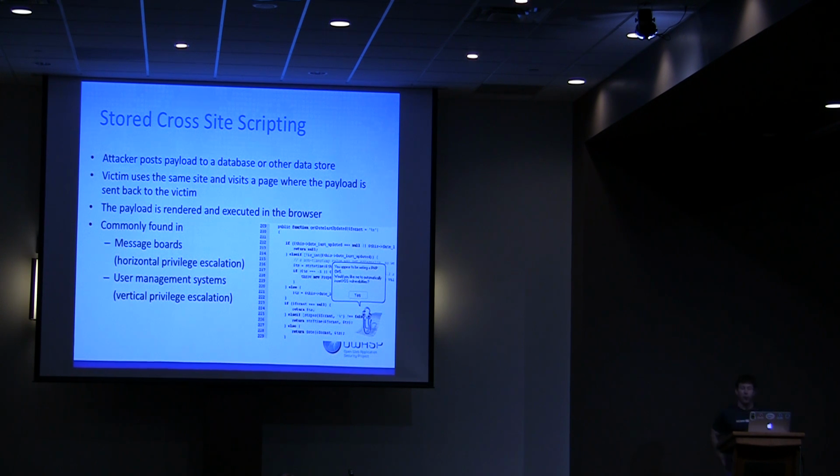A message board is a great example where I can do horizontal privilege escalation. I can take over the identity of another user via their browser and cause bad things to happen. Another thing that we see in a lot of scenarios when we're testing applications is vertical privilege escalation, and here's a great example of this.